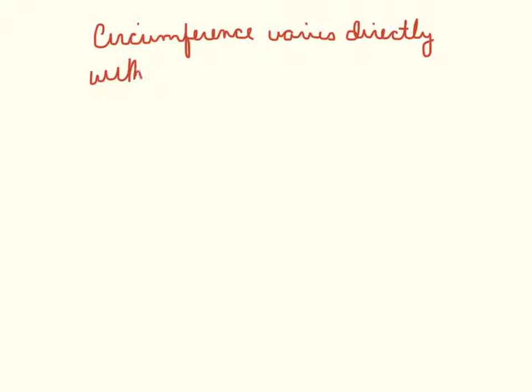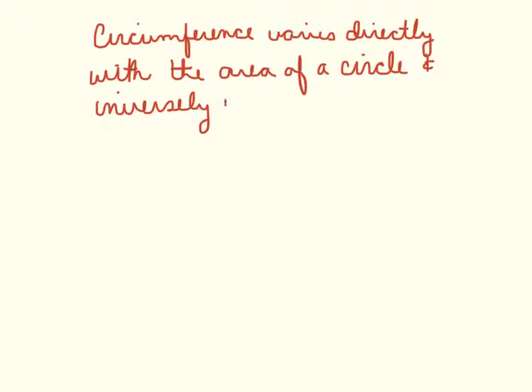It says circumference varies directly with the area of a circle and inversely with the radius.